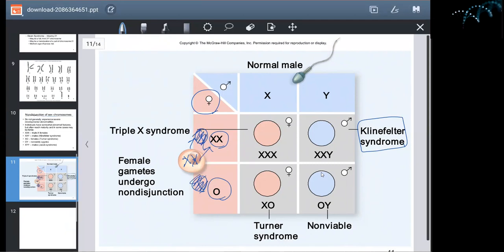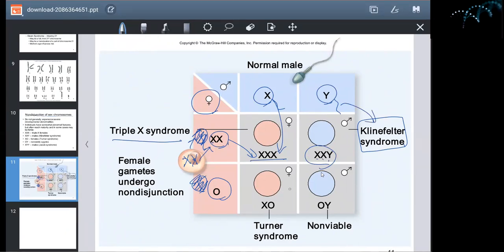Then when this egg meets the sperm, you can end up with XXX, which is triple X syndrome. You can end up with XXY, which is Klinefelter syndrome. Or you can end up with a situation where you only have one X, called Turner syndrome. Any individual requires one X chromosome to survive. So to have only one Y chromosome is not viable because you have essential genes on your X chromosome.